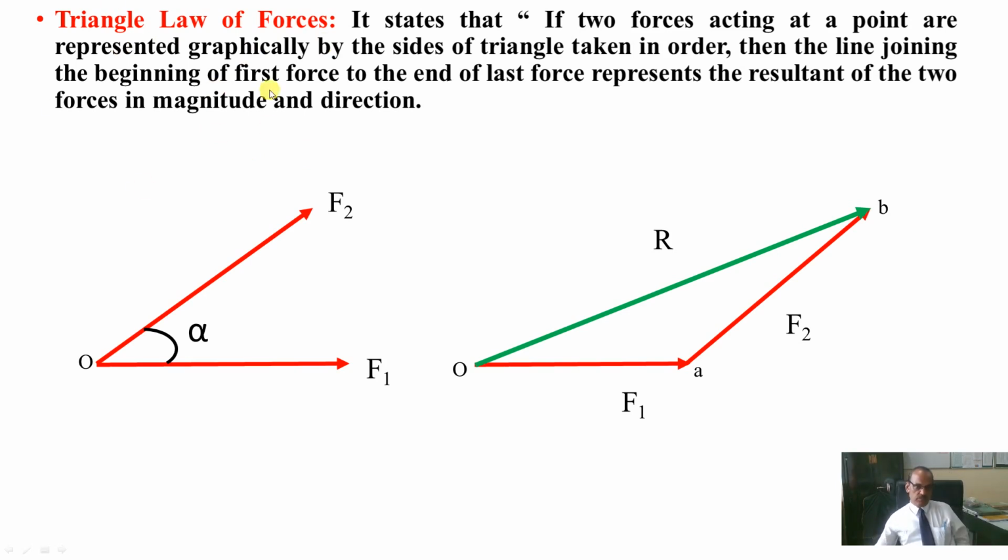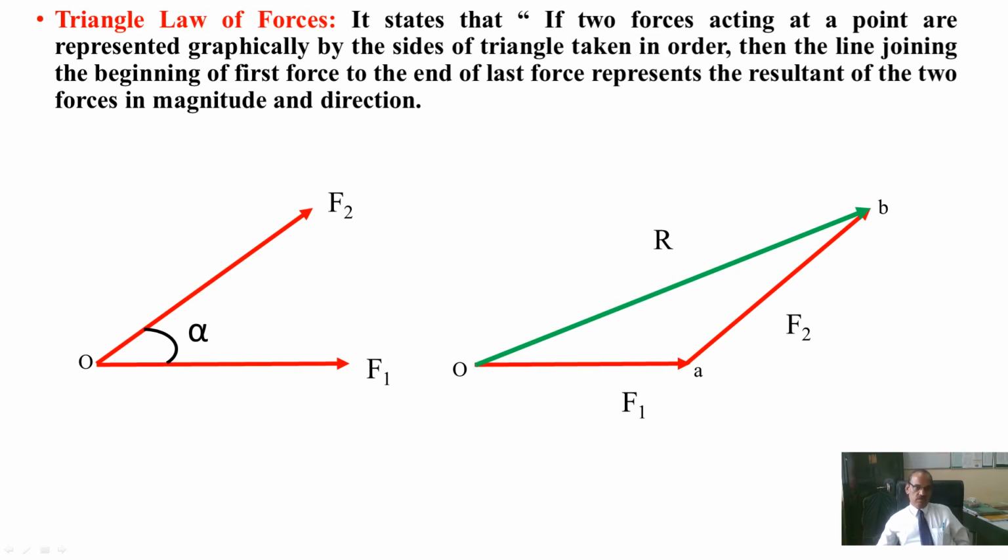Now in triangle law of forces, you see here at this point O, there are two forces that are acting at a point and away from it. This force F1 is horizontal, F2 is inclined, angle is alpha. So these two forces, if they are represented graphically by the sides of a triangle, you see F1 I have represented graphically, F2 I have represented graphically, then the closing line of a triangle BO gives the resultant of these two forces F1 and F2 both in magnitude and direction.